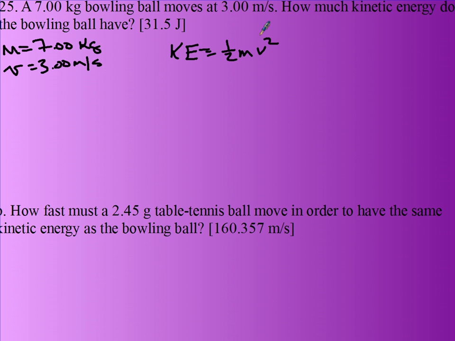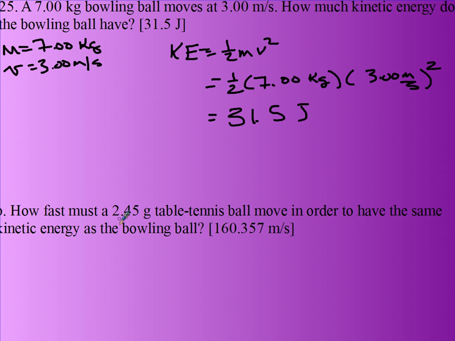You're kind of getting the idea on these problems, aren't you? They're very straightforward. Make sure your mass is in kilograms, and you're good. So 3 squared is 9. 9 times 7 is 63, divided by 2 is 31.5 joules.